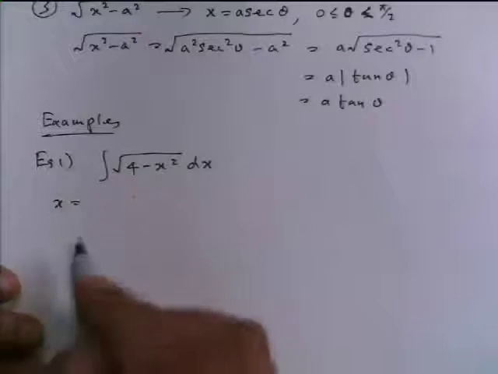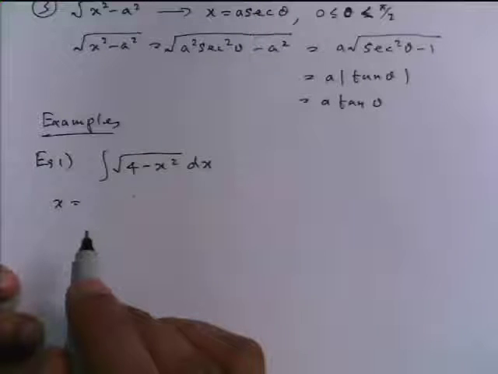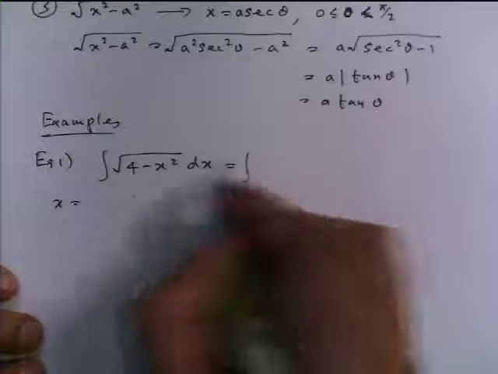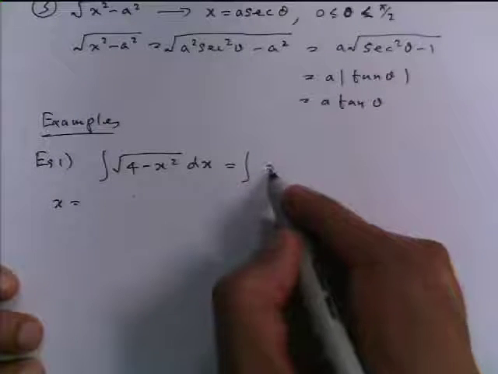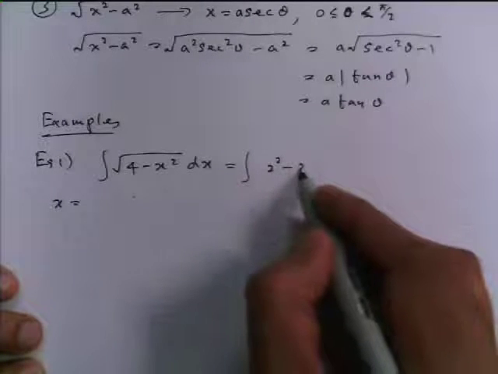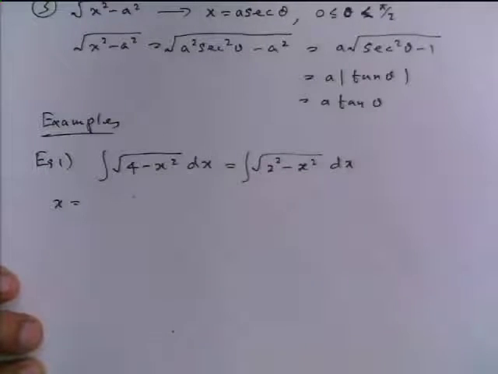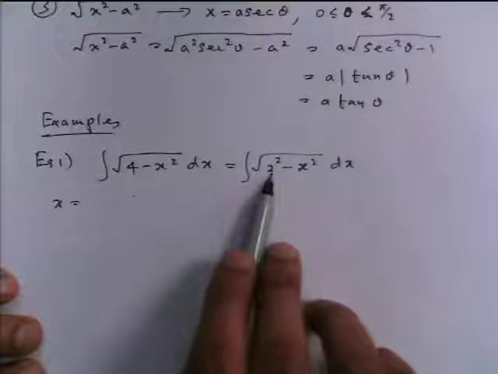It's for you now. x equals... you have to write 4 as what? 2 squared. So what is a in this case? a equals 2. That's not this 2.